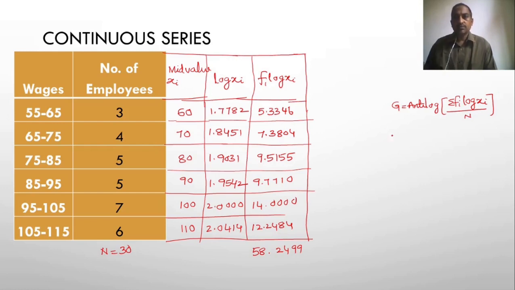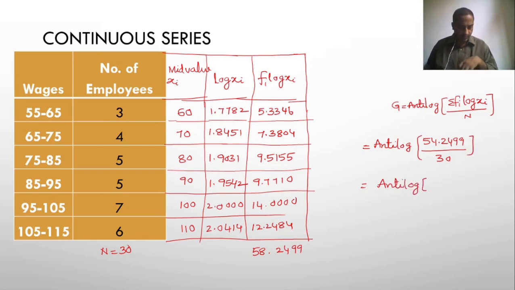Now you have to substitute in the formula. Anti-log of 58.2499 by n, where n is 30. If you simplify, you get anti-log of 1.9417.